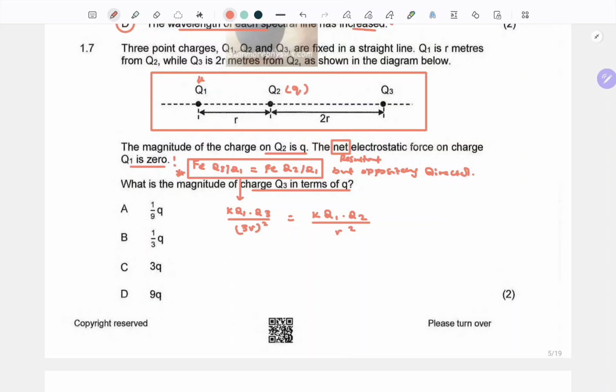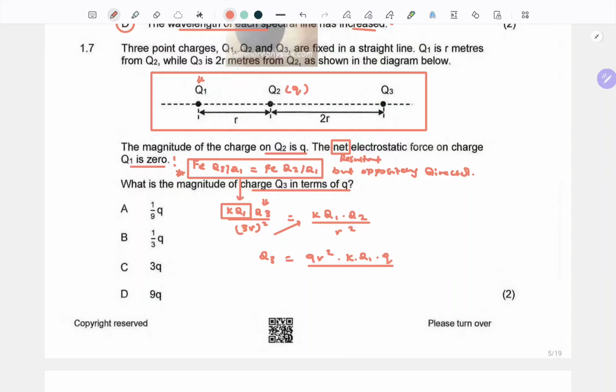Now we simplify and make Q3 the subject of the formula. So we know that we're going to have to cross multiply this and then divide by this, right? So we can tell that Q3 is going to be basically 3R squared is going to be 9R squared times K Q1. We're told Q2 is just small letter q.